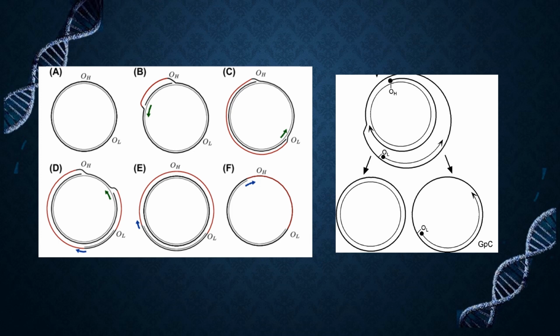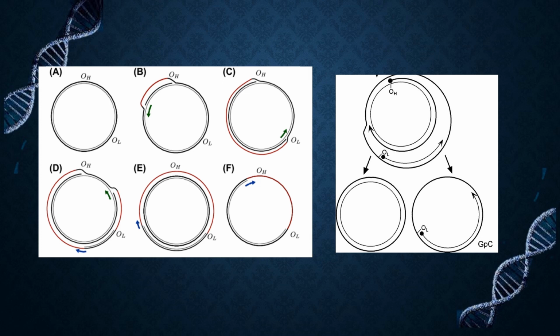When the replication is 2/3 completed from the OH, OL is exposed and replication of the light strand begins in the opposite direction. After the two replications, the result is the formation of hemicatenanes, that is circular DNA connected to each other by small single strand regions. They are resolved by topoisomerase 1, so we get two daughter DNAs.